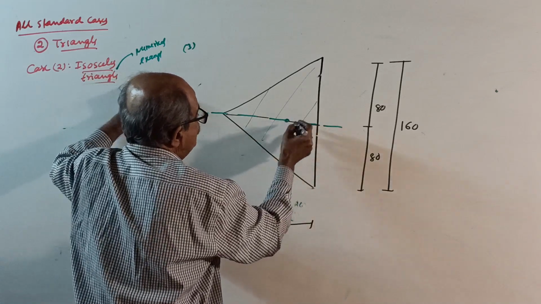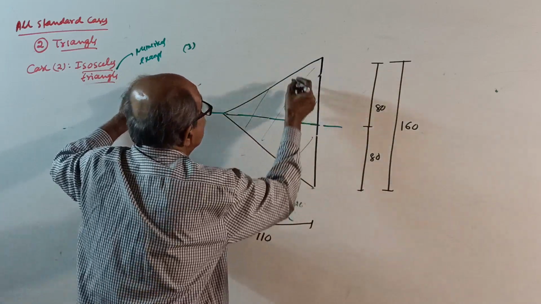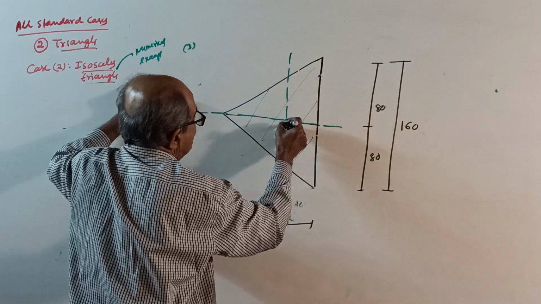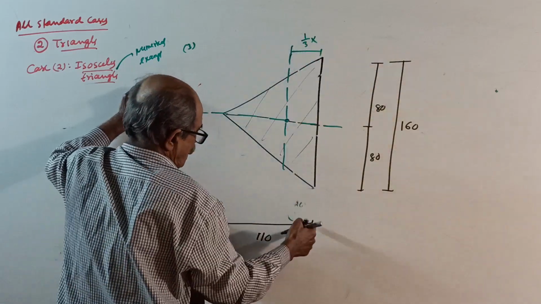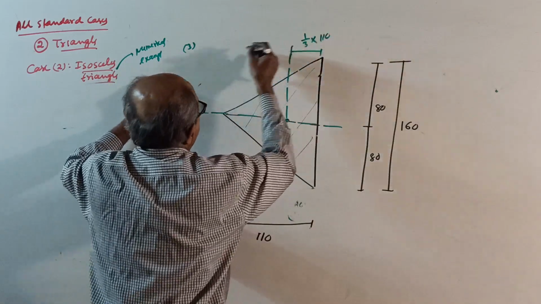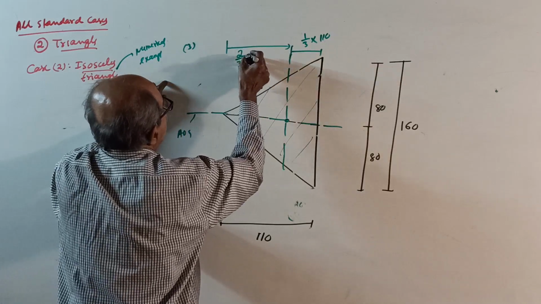Centroid lies here. But this way, see, this way is 80, but this way is 1 by 3 of 110. This is 2 by 3 of 110.